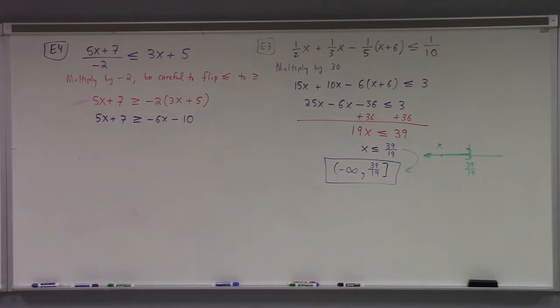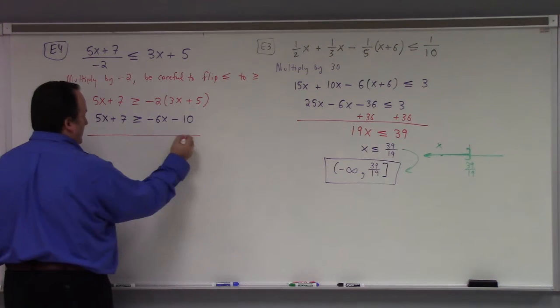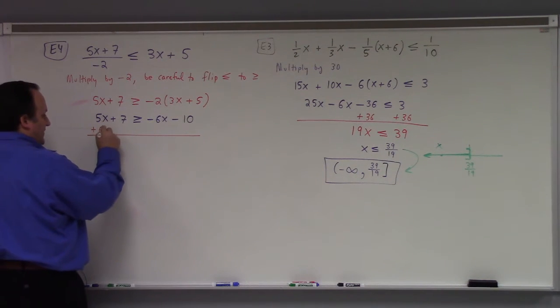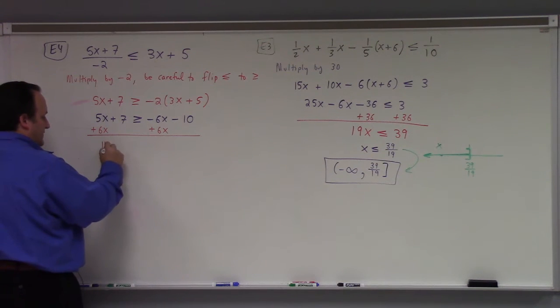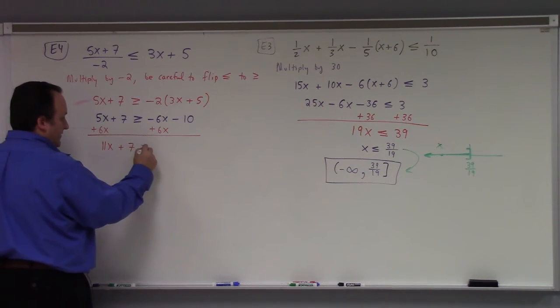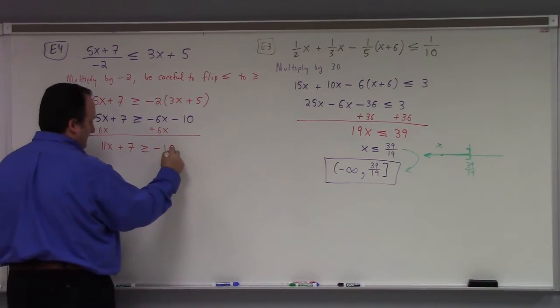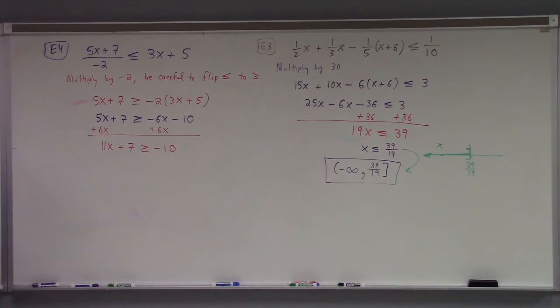So what I would advise doing here is adding 6x to both sides. If I add 6x to both sides, what happens? We get 11x plus 7 greater than or equal to minus 10, right? Now what should I do?